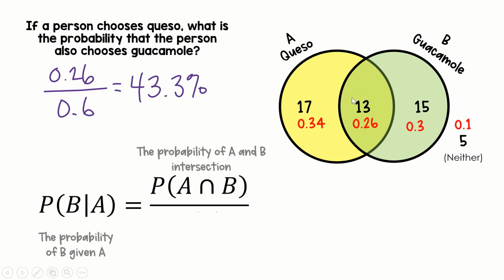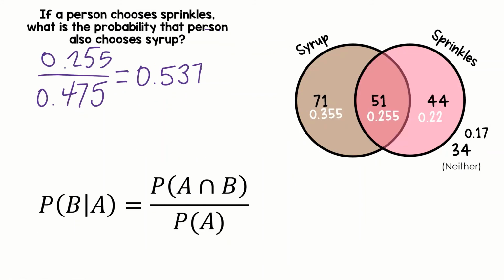If we look at our Venn diagram, that's represented here in the middle. And then for our denominator, we want the probability of A. That's the entire event here, and we needed to add these numbers together to get our denominator. And when we divide those, we get our percent, or our decimal, or the probability of B given A.